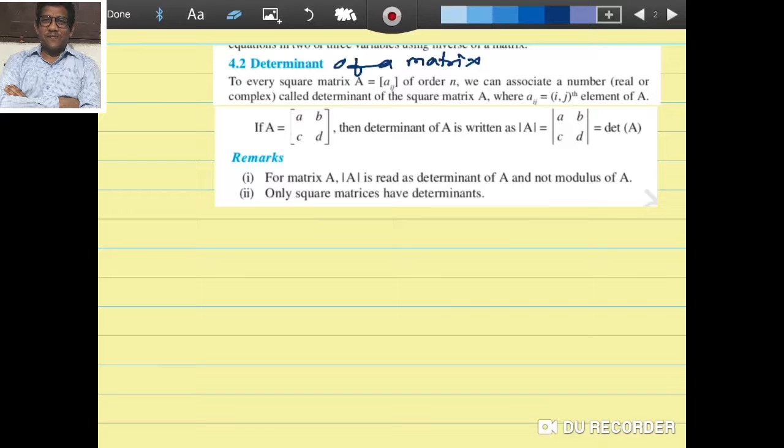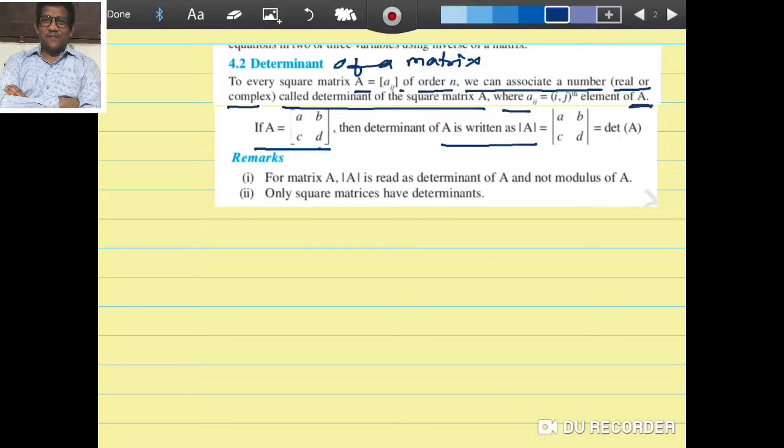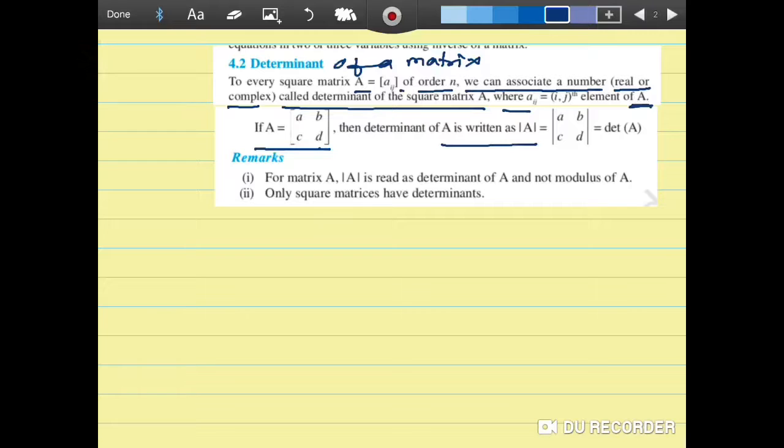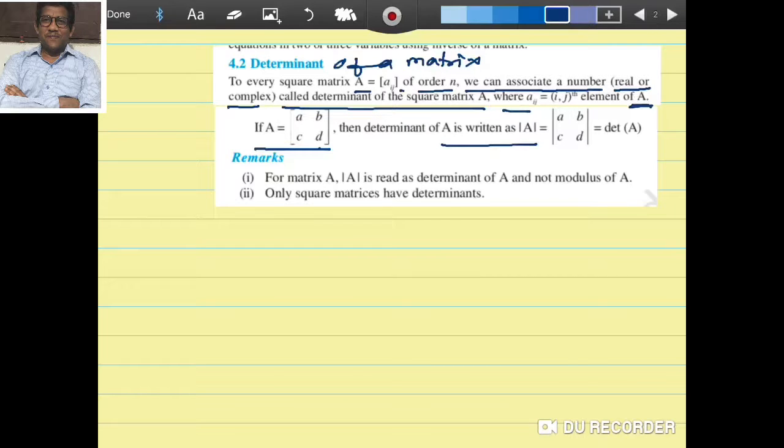To every square matrix A is equal to [aij] of order n, we can associate a number, real or complex, called the determinant of the square matrix A, where aij is equal to the ijth element of matrix A. If matrix A is equal to [a b; c d], then the determinant of A is written as determinant A, it is not modulus, is equal to determinant |a b; c d|, or det A. Here we have to note that determinant A is read as determinant of A and not modulus of A. Only square matrices have determinants.